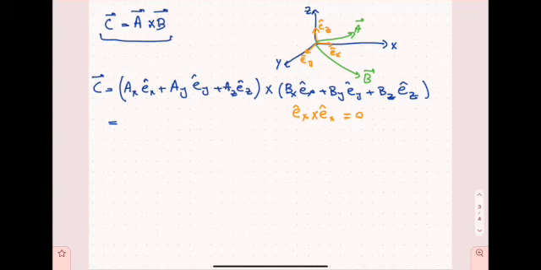Okay, so I don't have much space, so I delete this here. And with the same argument, e_y cross e_y is also equal to e_z cross e_z, and this is 0.